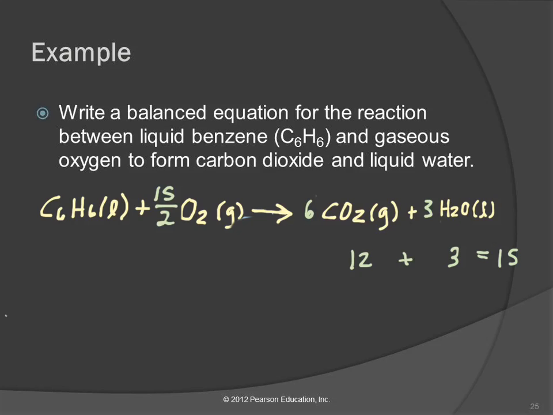So then we clear the fraction by multiplying everything by the denominator of the fraction. The denominator is 2, so I'm going to multiply everything by 2. That becomes a 2. This becomes just a plain old 15. This becomes 12. And that becomes 6. Same result, different approach.